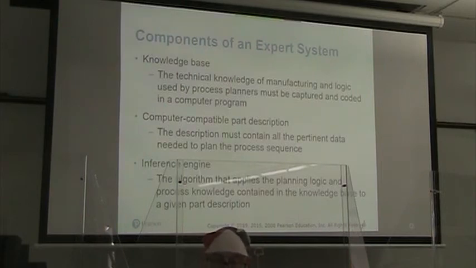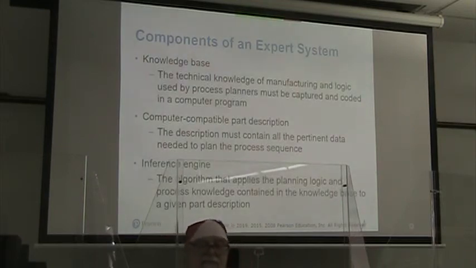That description has to have all the pertinent data that are going to be needed to plan the process sequence. Then we're going to need an inference engine. This is an algorithm that applies the planning logic and process knowledge contained in the knowledge base to a given part description.